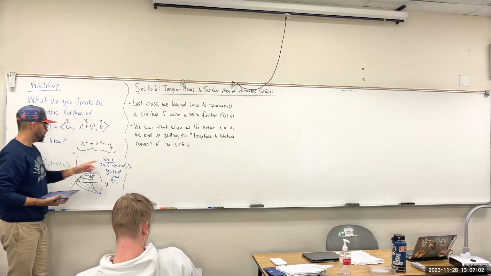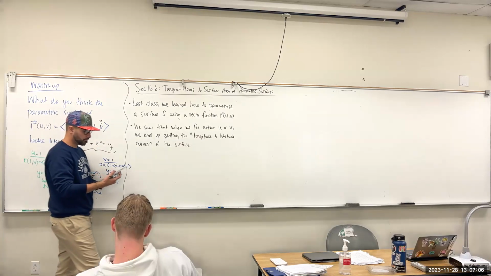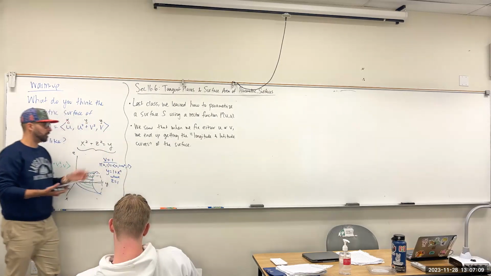And you could do that same argument, the way we were discussing this here, with every single one of these surfaces. The curves that you get are the ones that could vary.